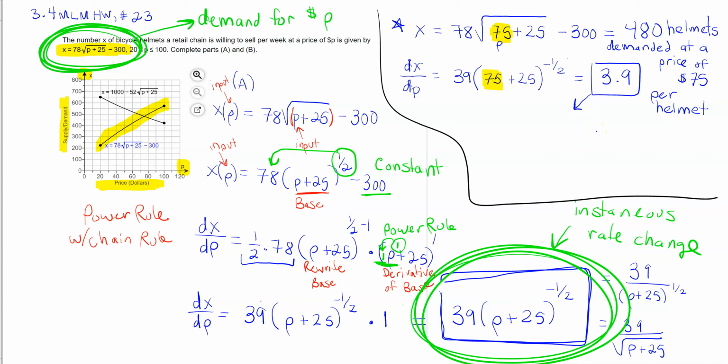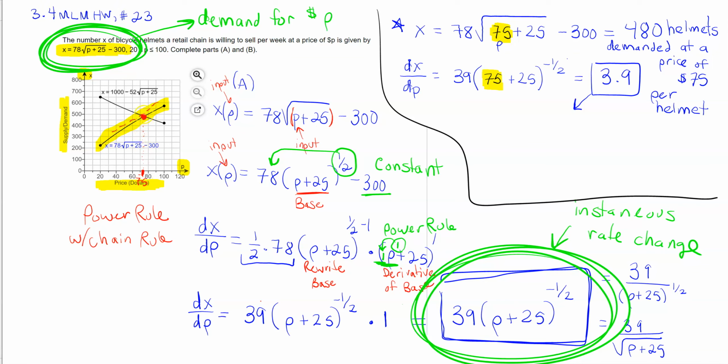Okay, and I can come over here just to connect it to this graph since they gave it to us. $75 would be somewhere in here. Okay, and if I backtrack up to my yellow highlighted graph there, about right there, I can see the tangent line.